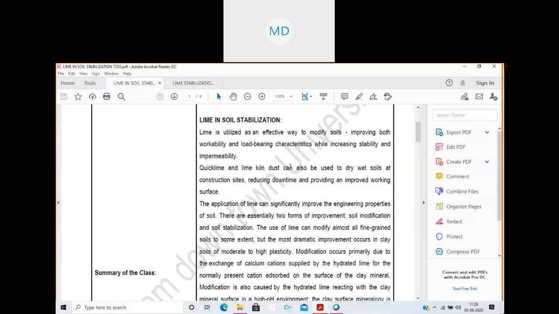Lime kiln dust is nothing but the product that is formed while manufacturing quicklime. While manufacturing quicklime, some waste products are formed, and that is called lime kiln dust, and that can also be used for stabilization of soil.